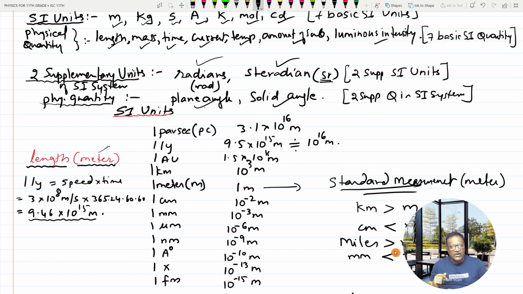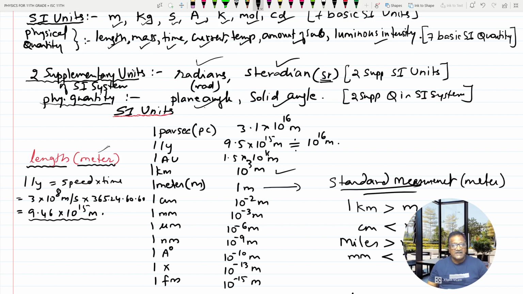So there are a lot of units which are bigger than meter, and a lot of units which are smaller than meter. Here I have listed some of the units which are bigger than meter. The first one is kilometer. So what is 1 kilometer? 1 kilometer is 1,000 meters.